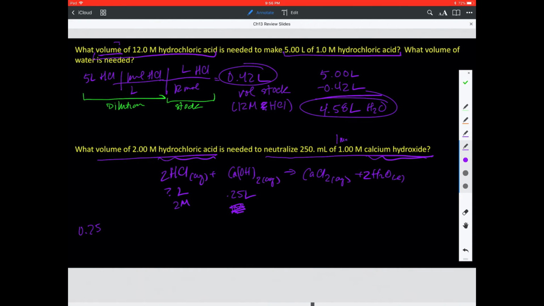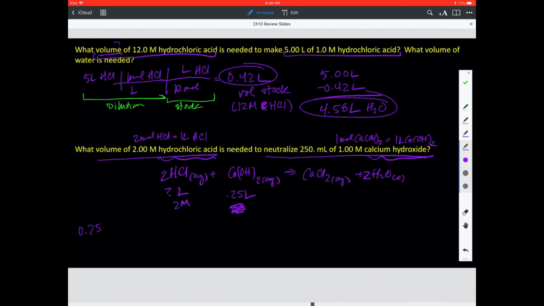So 1 mole of Ca(OH)2 is equal to 1 liter of Ca(OH)2. And when you do that, that tells you, oh, this is a conversion factor, not a given. This is not how much I have. This is a relationship between how many particles, because moles are basically particles, there are per unit of volume.